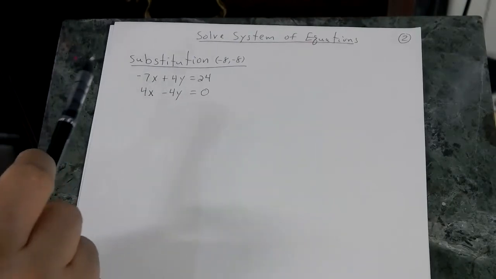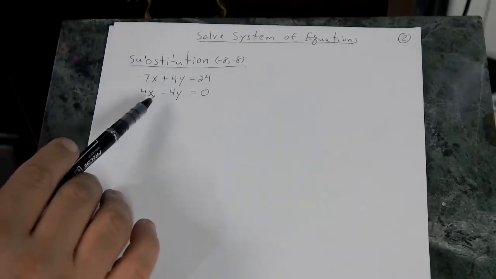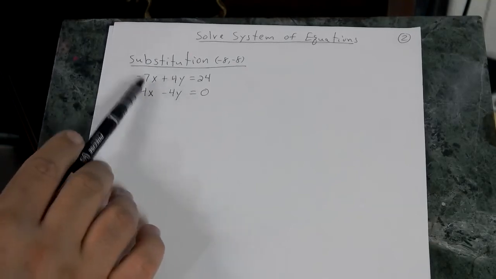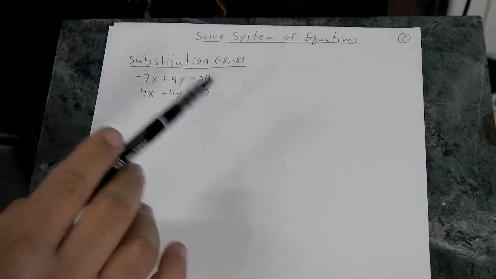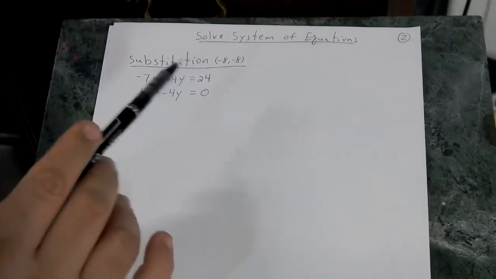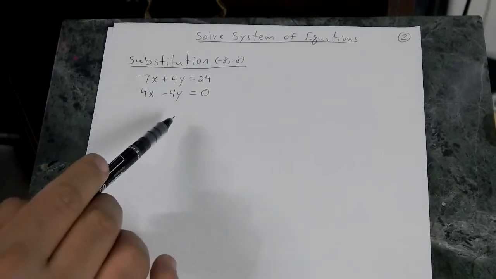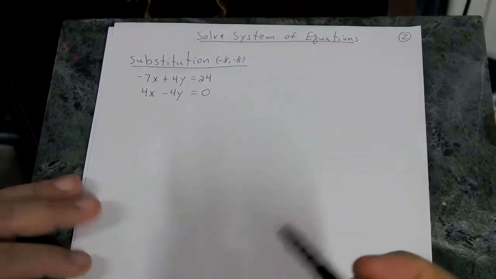The idea of substitution is this. You take one equation, either the top or bottom, and solve for one variable, either x or y or whatever variables you have. Once you found that, you substitute it back into the second equation that you didn't choose and solve.